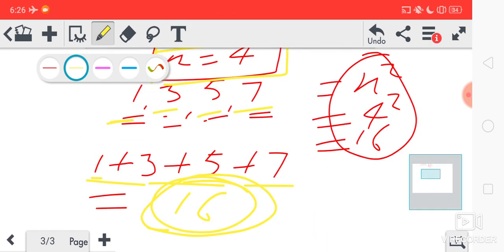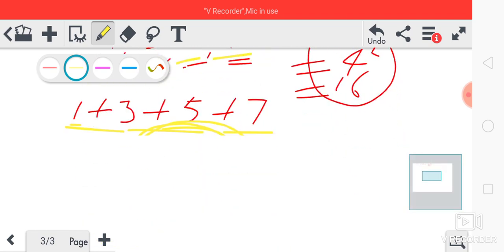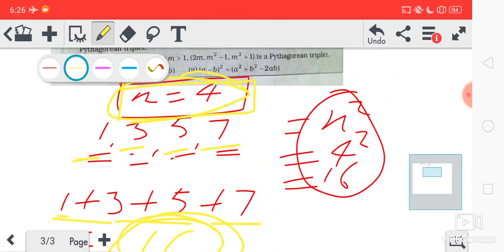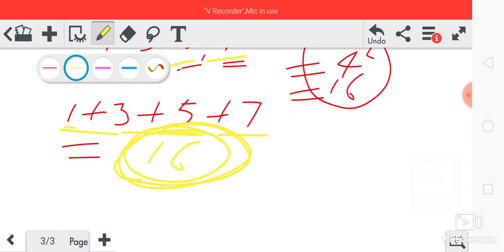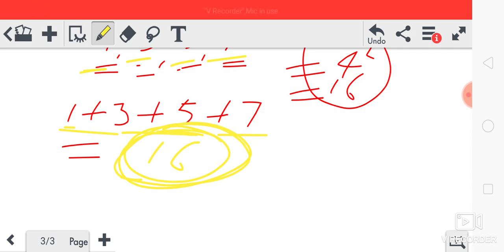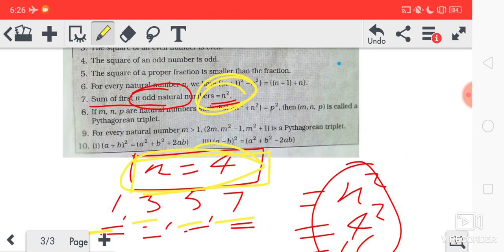N square. N we have taken as 4, so 4 square, we have already seen, is equal to 16, and here we are getting 16. So it is proved that the sum of the first 4 odd natural numbers can be written as n square. Got it?